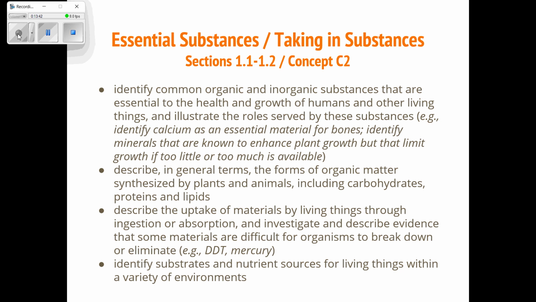The next concept, C2, is also on sections 1.1 and 1.2, and the goals here are to identify common organic and inorganic substances that are essential to the health and growth of humans and other living things, to describe in general terms the forms of organic matter synthesized by plants and animals, including carbohydrates, proteins, and lipids, describe the uptake of materials by living things through ingestion or absorption, and identify substrates and nutrient sources for living things within a variety of environments.